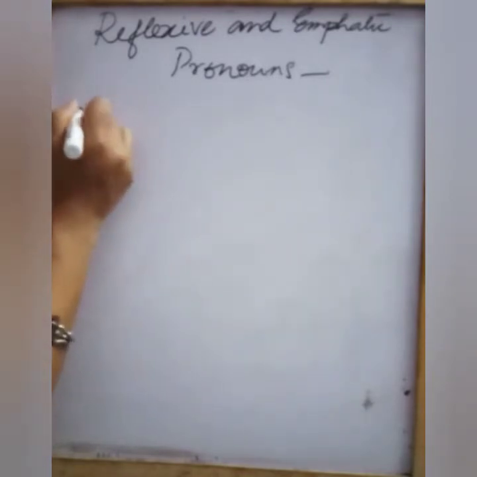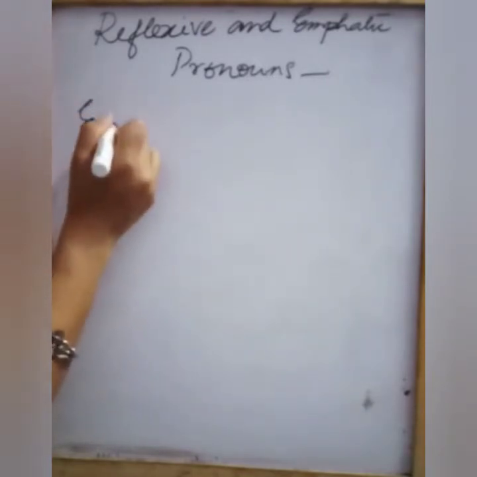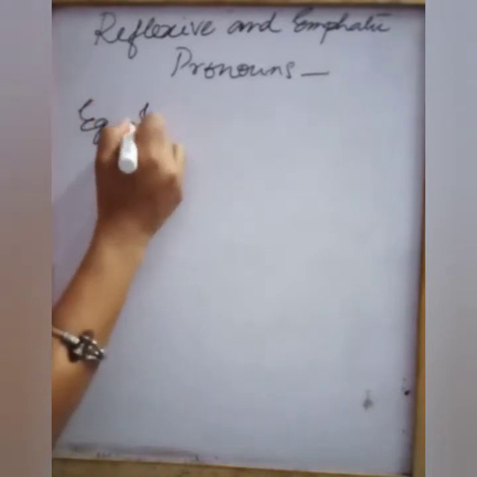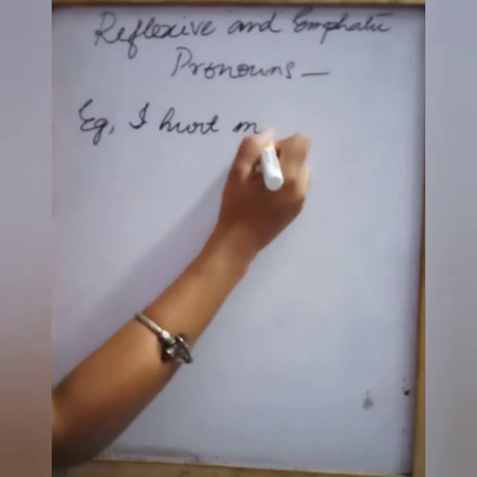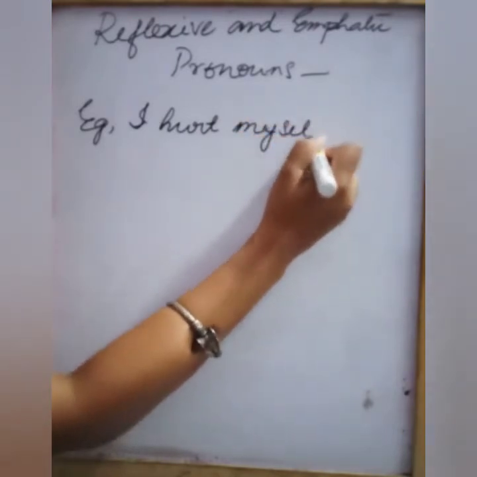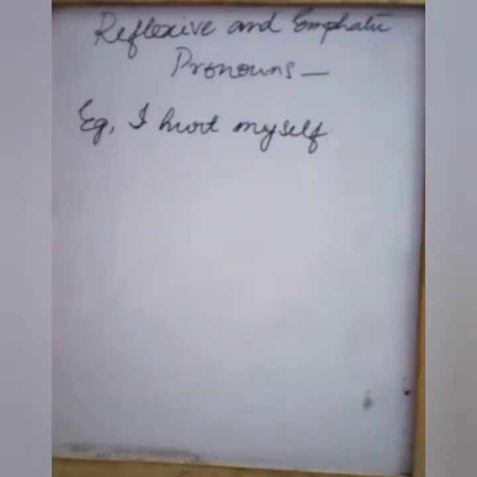So if I write, say for example, I heard myself. Fine, it is a sentence. So in this sentence, which one is the subject? Remember I told you in a sentence there will be a subject and a predicate.